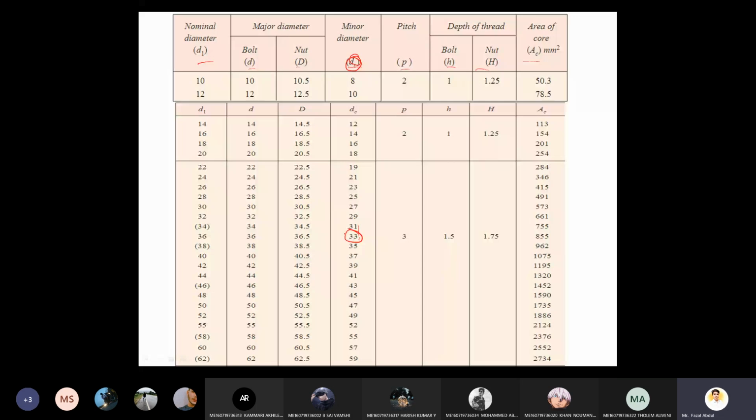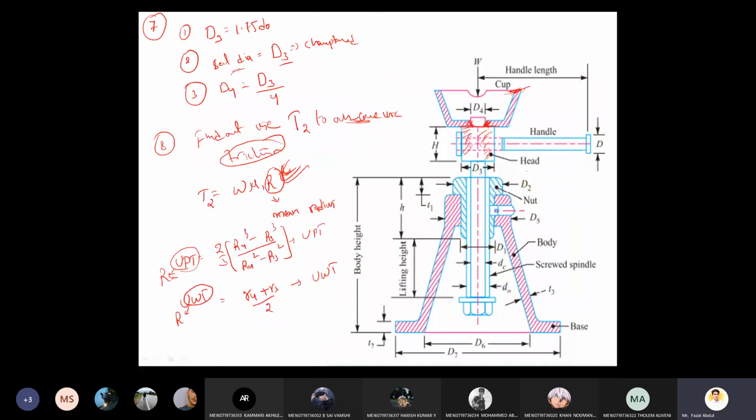And the rest of the values, by seeing this, you need to select like this. Whatever values appear here, I'm writing all those values: 36, 36.5.